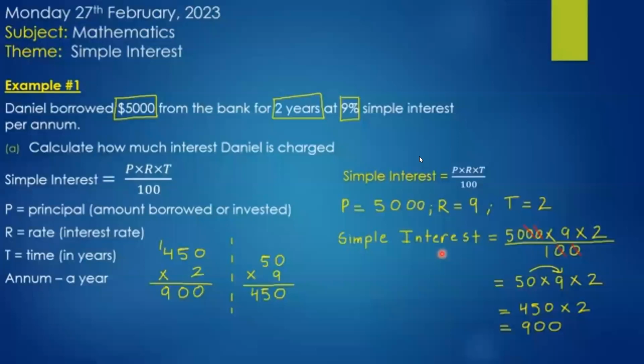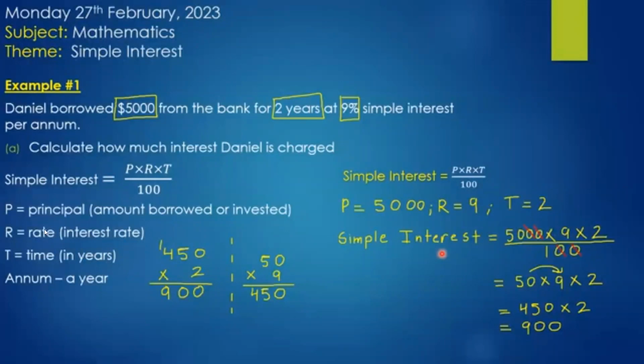Daniel borrowed $5,000 from the bank for 2 years at 9% simple interest per annum. Calculate how much interest Daniel is charged. In order to find the simple interest, it's P times R times T over 100. P equals principal, which means the amount borrowed or invested.